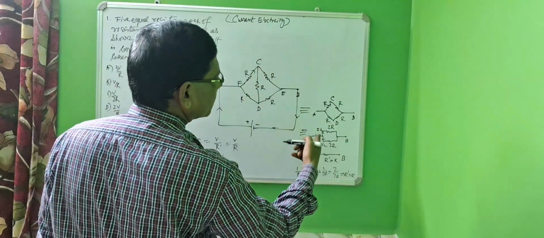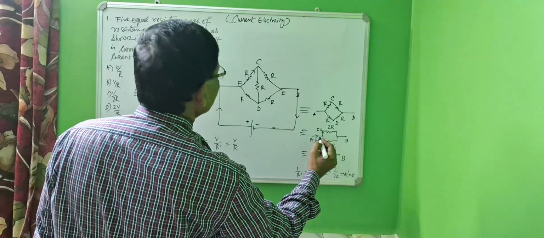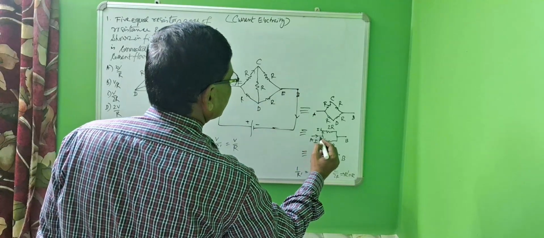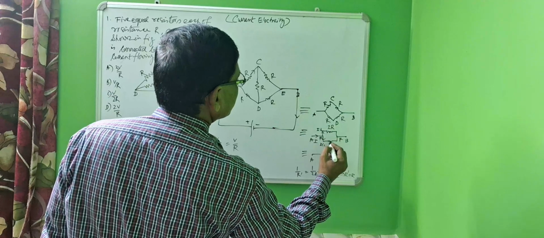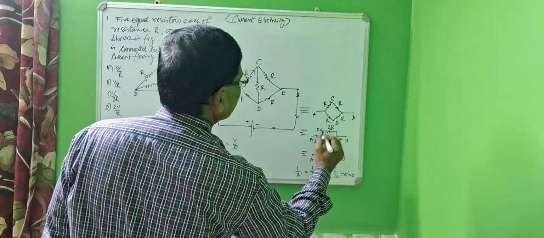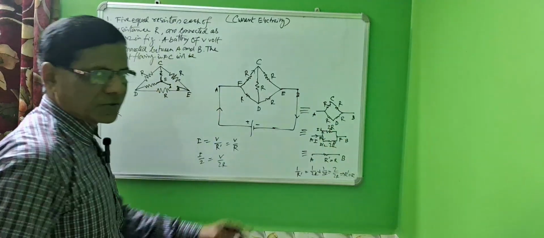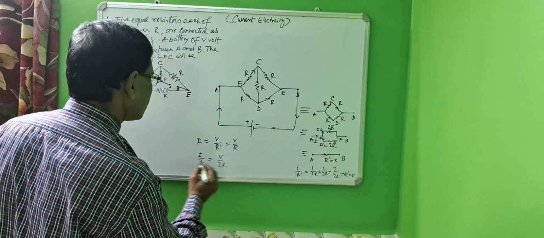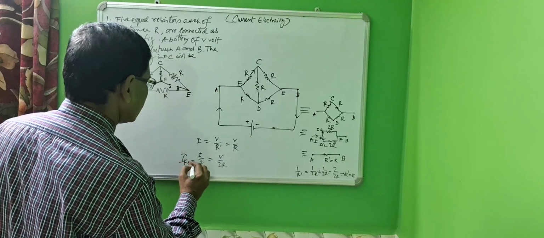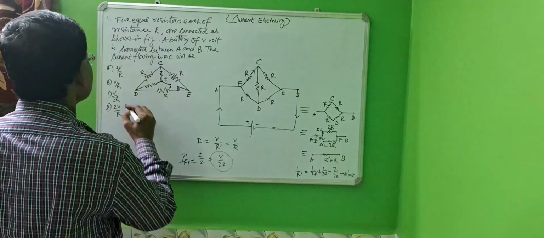Here is A point, here is E point, here is also C point, here is also B point. So FC branch takes a current I by 2, so I FC equals V by twice R. So answer is C.